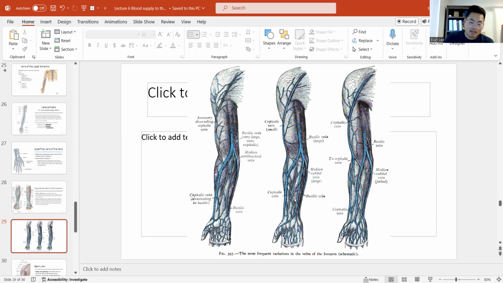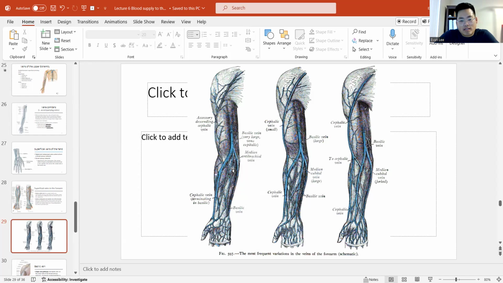So it's going to be variable. And in this last third one, you can even see median antebrachial vein coming out between that junction at median cubital and basilic. So it'll be a little different from person to person. And similar to the dorsal venous network, there's a lot of variability.